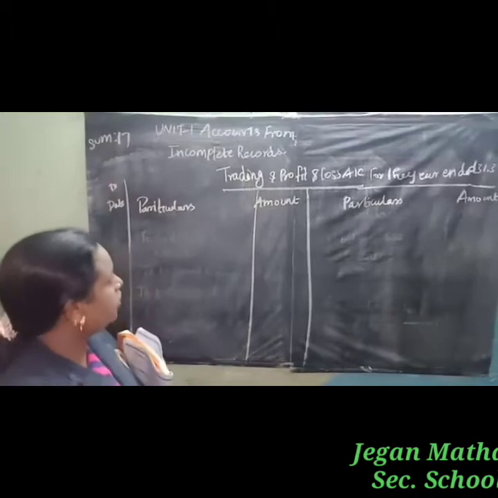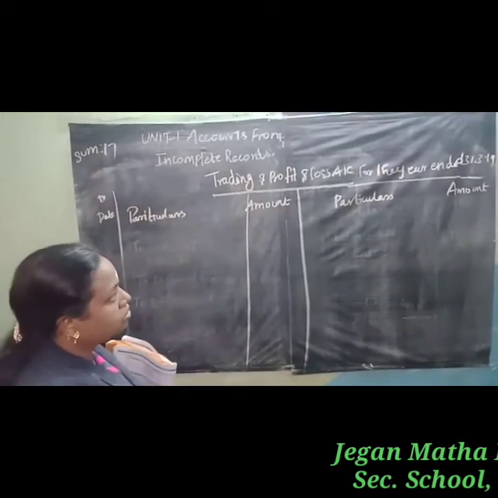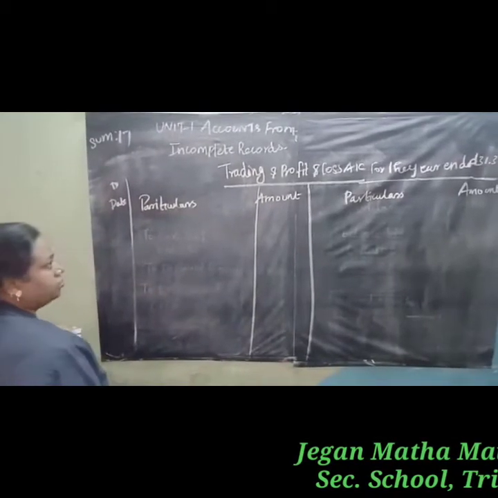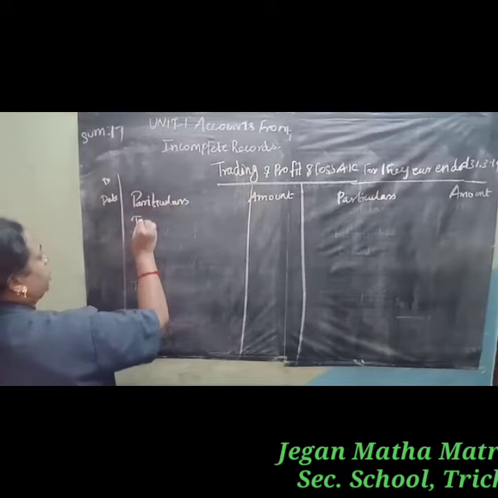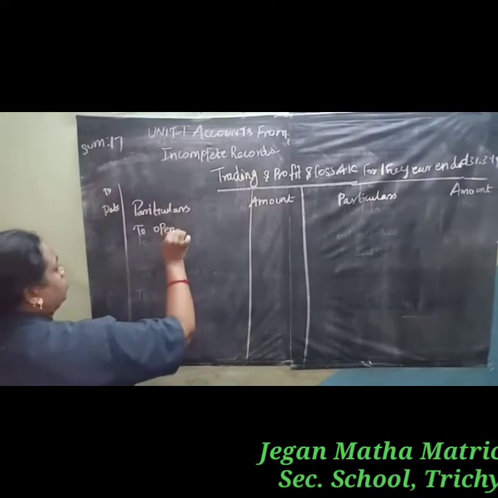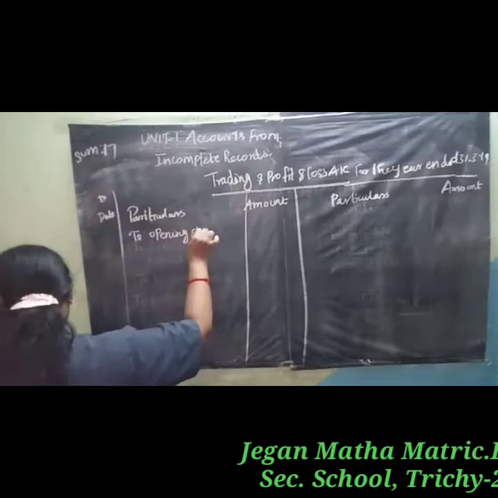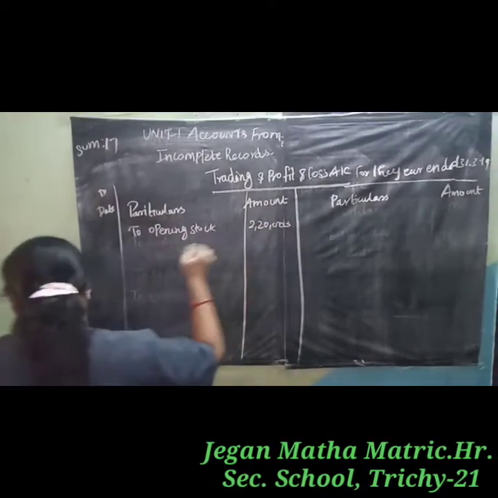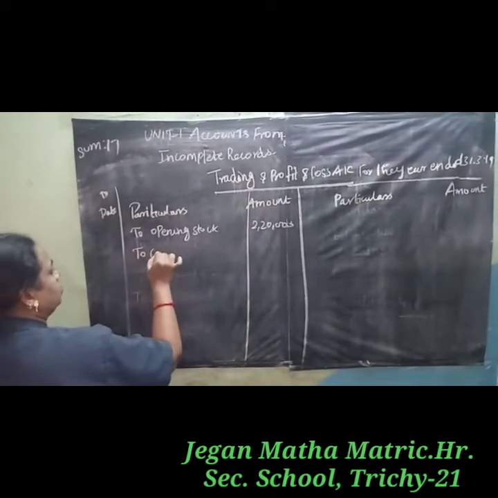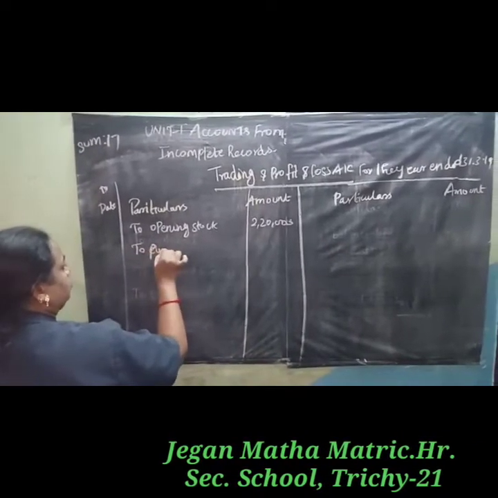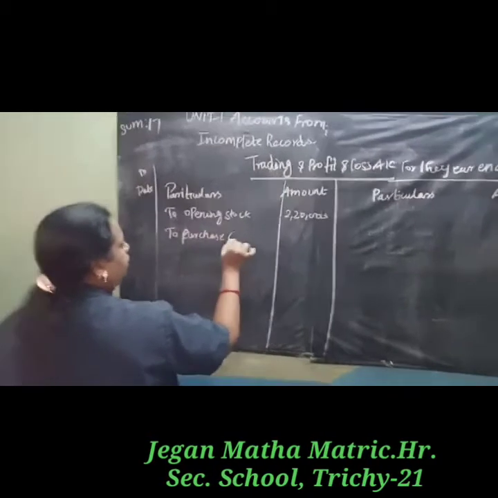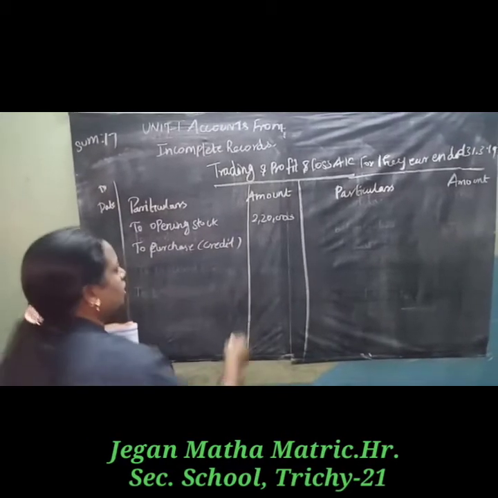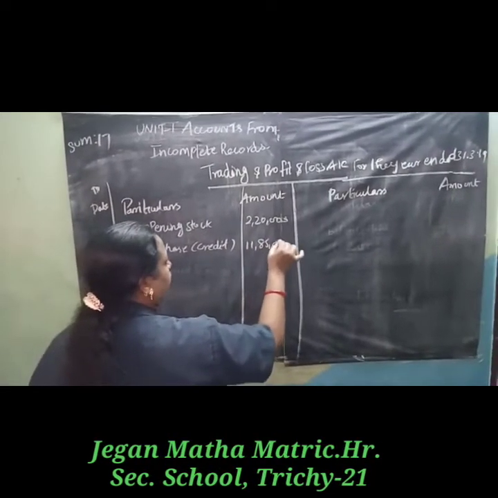Next we are going to prepare the trading and profit and loss account for the year ended 31st March 2019. You know the format. On the debit side we first write the opening stock, 2,20,000. Then to purchases, the credit purchase we already found, 11,85,000.